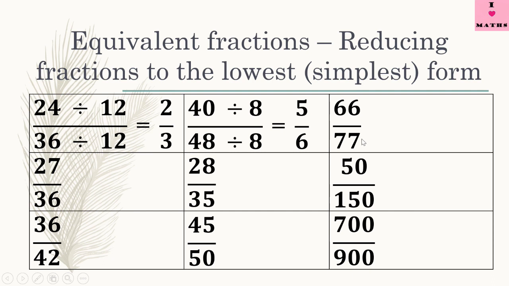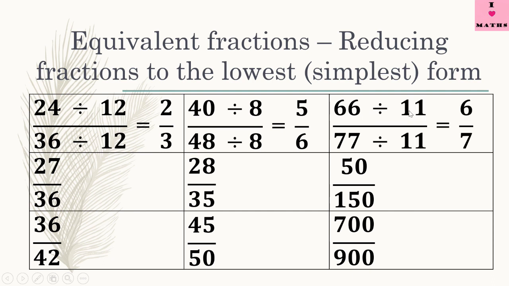66 upon 77. Come on, think. In which table both 66 and 77 will come? Very easy. It's very easy, beta. Come on, think. Yes, it is the table of 11. 11 6s are 66 and 11 7s are 77. So let us divide the numerator and denominator by 11.